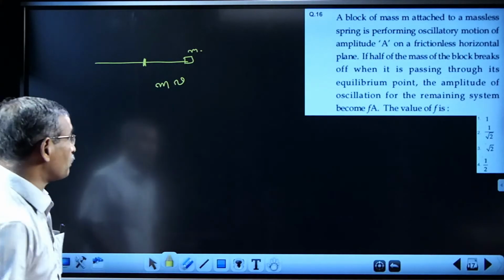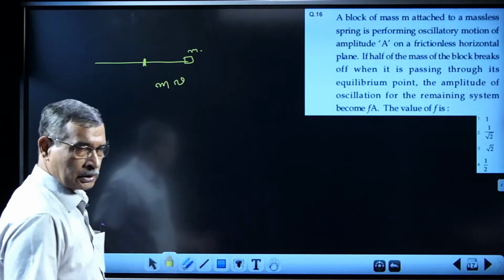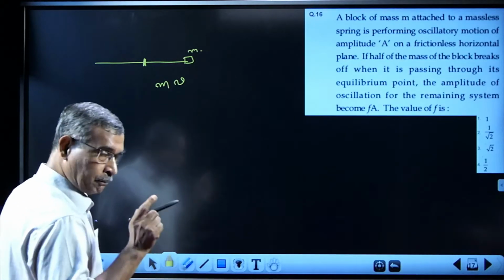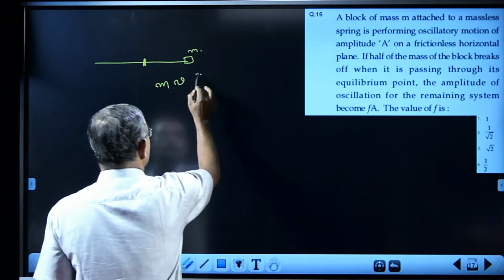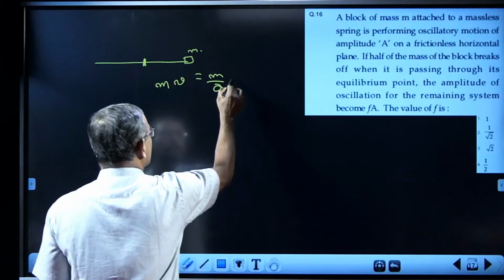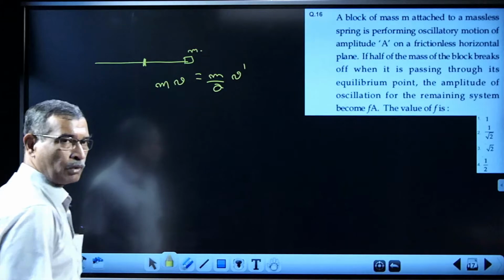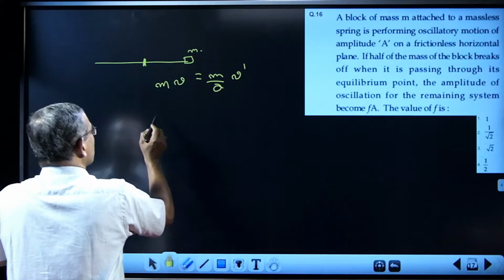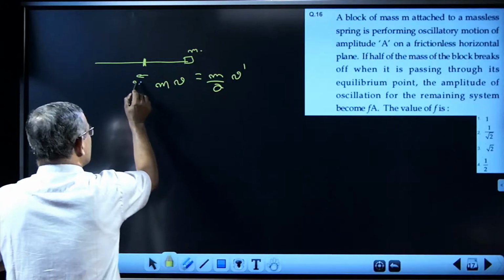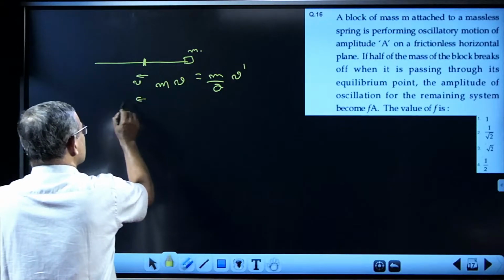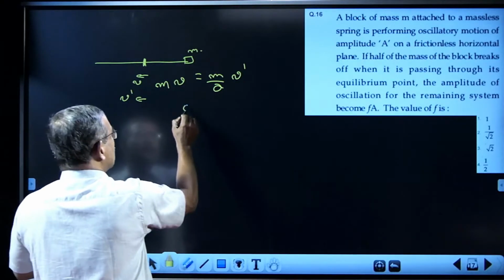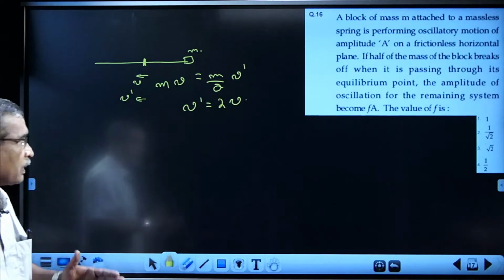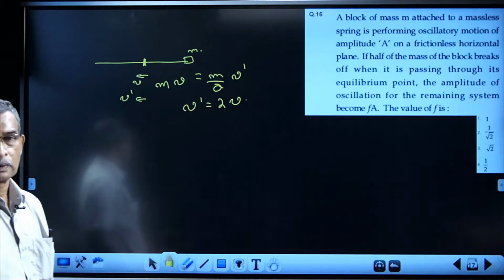By momentum conservation, when it crosses the mean position, mv is equal to m by 2 into v dash. Before breaking, its velocity was v. After breaking, its velocity becomes v dash, so v dash becomes 2v.